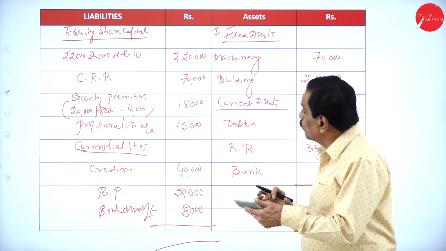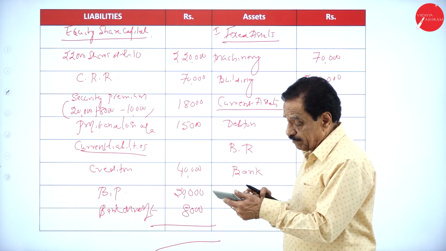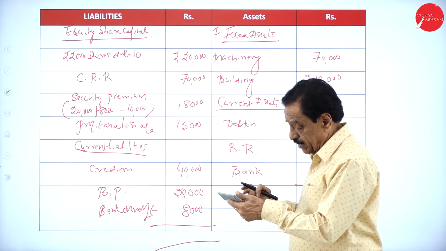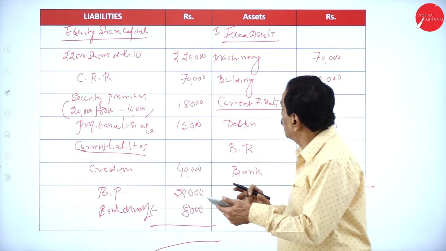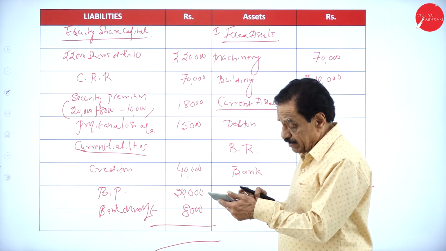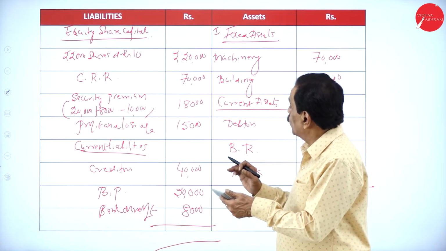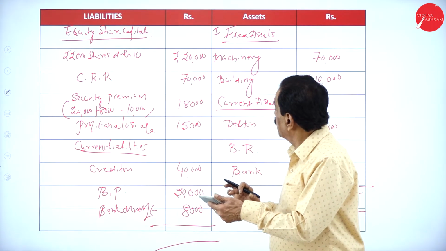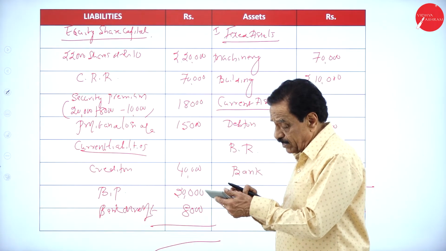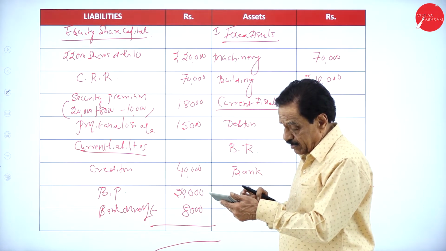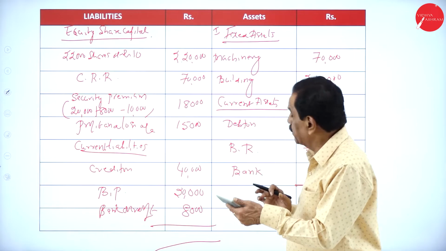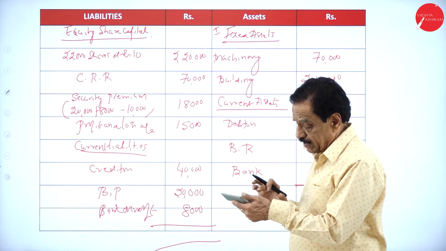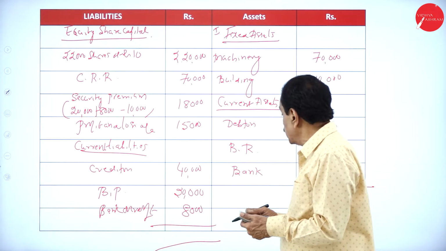On the other side: 2,20,000 plus 70,000 plus 18,000 is 3,08,000, plus 33,000, plus 68,000, 3,91,000.